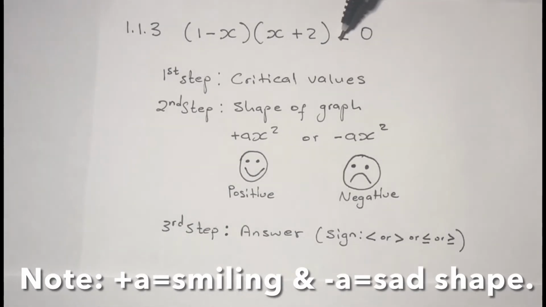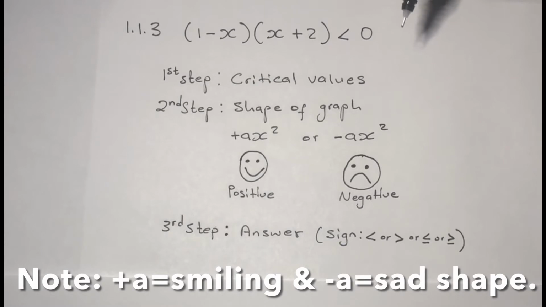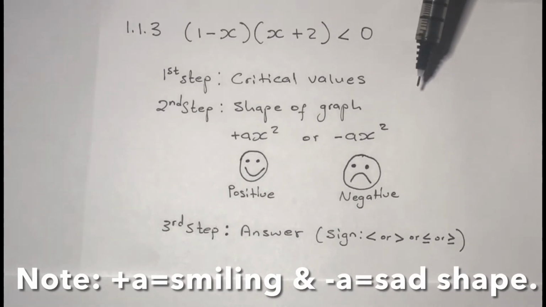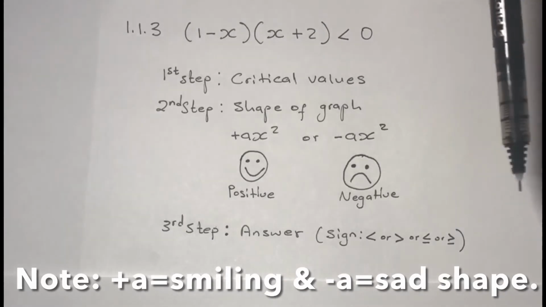So in this case, from the equation, we've got a less than sign. It could be greater than, it could be less than or equal to, it could be greater than or equal to, as indicated previously. So in this case, we've got a less than sign. So you'll find your answers from your critical values, and then from there you determine if you've got a less than or a greater than.